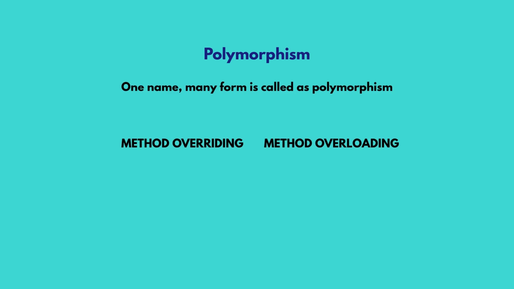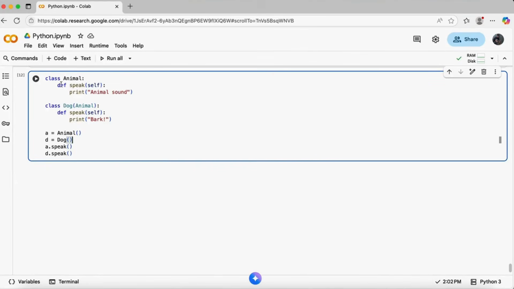Okay, so let me show you how we do it with method overriding. That is achieved through the inheritance feature, and let me take you to the Google Colab. So I have one class animal which has one method speak. I have another class dog which is inheriting the animal class, and it also has one method called speak, which this class is overriding.